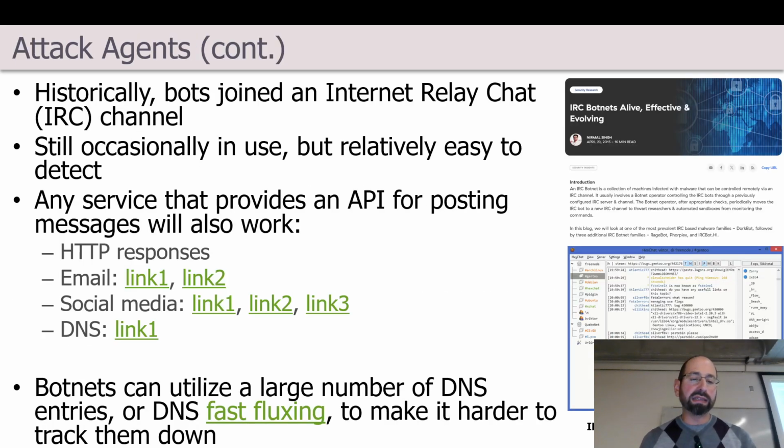Another example is DNS fast fluxing, where you have many IP addresses associated with a particular DNS entry, which is appropriate for load balancing, where you maybe do some sort of round robin or other kind of scheduling. When I go to istate.edu, sometimes it's this IP address, sometimes it's this other IP address, sometimes it's one of these 100 IP addresses, so I can physically load balance the site.